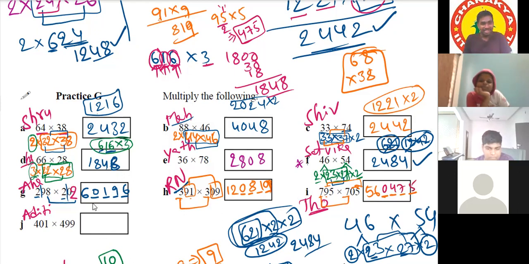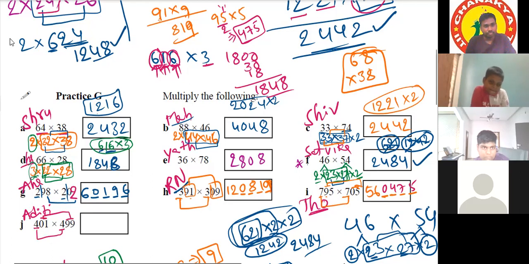Right, Aditi. Sir, the last two digits of both numbers are 99 and 1, so their sum is 100. So we'll leave four positions. Then in the 401 problem, we'll just increase the number. So 5 fours are 20.